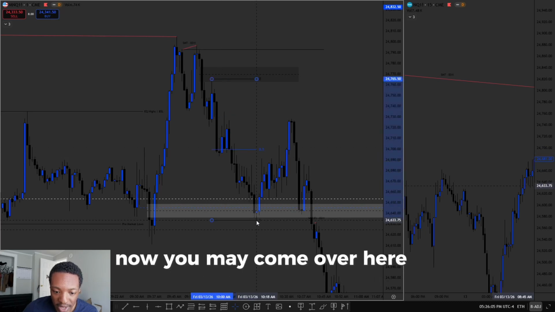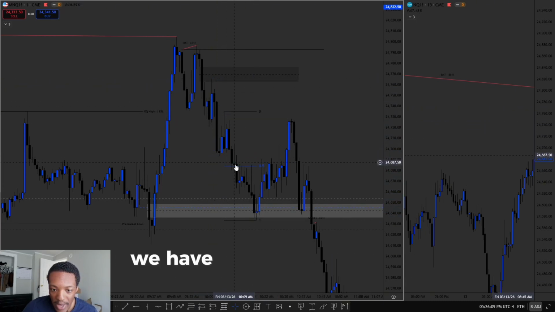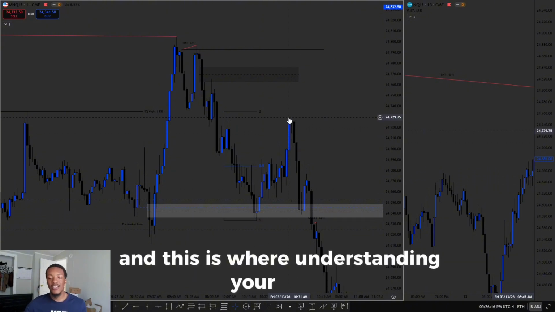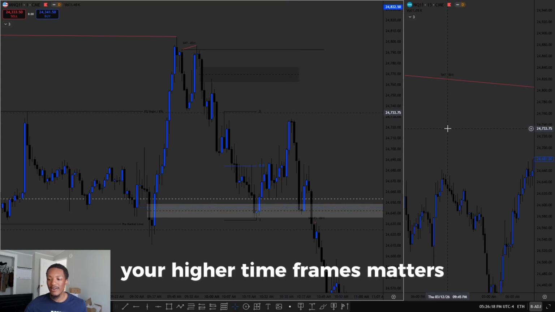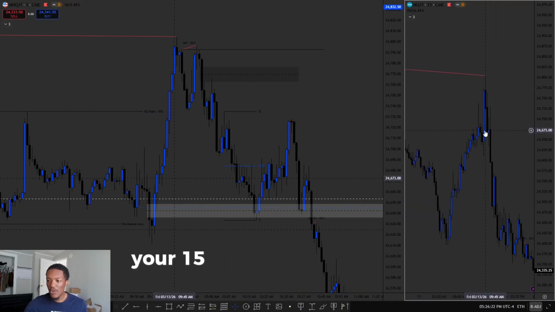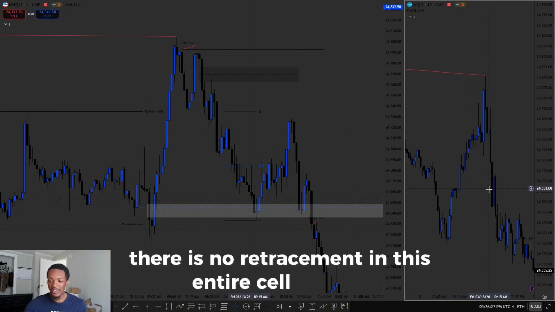Now you may come over here and look and say, okay, I reset my dealing range. We have an expansion and we have a retracement, but this is a far retracement. And this is where understanding your higher time frames matters. So if you go over here to your 15 minute, you can see in this leg, there is no retracement in this entire sell side leg.